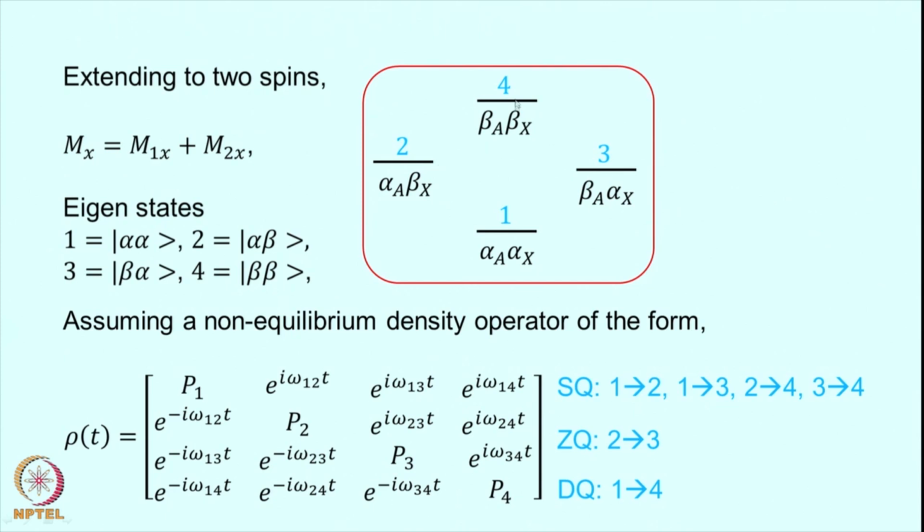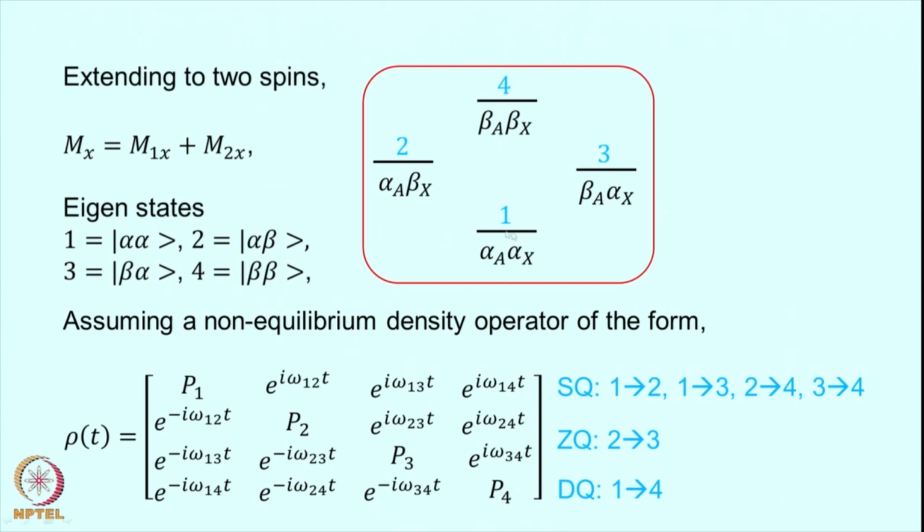So for the weakly coupled spin system, these are eigenfunctions of the Hamiltonian, and they represent the energy levels in this order. So we call alpha A beta X number 2, beta A alpha X number 3, beta A beta X number 4. And we will maintain this same convention in defining the energy levels and their spin states.